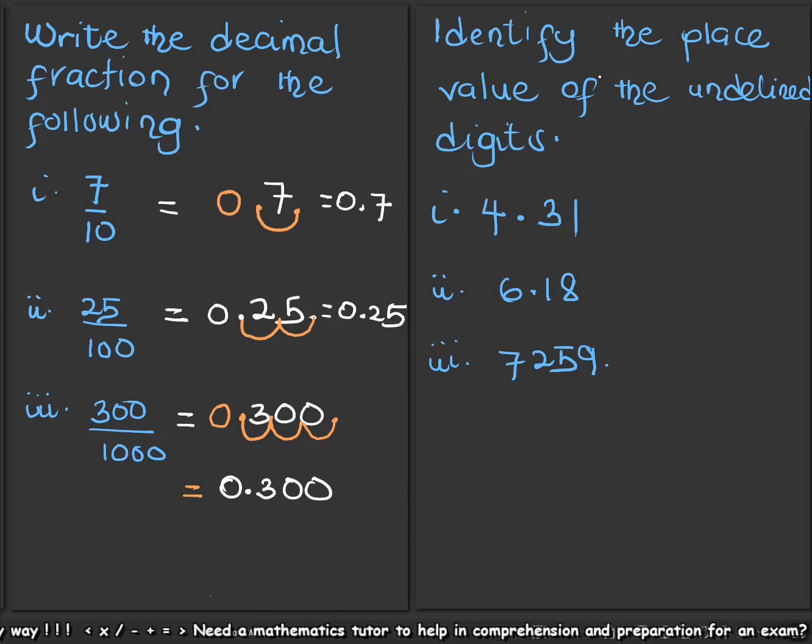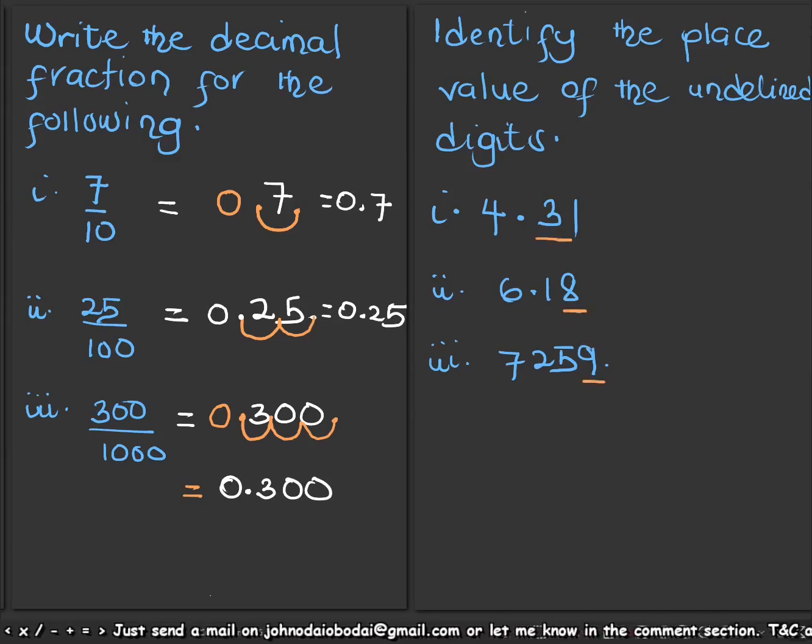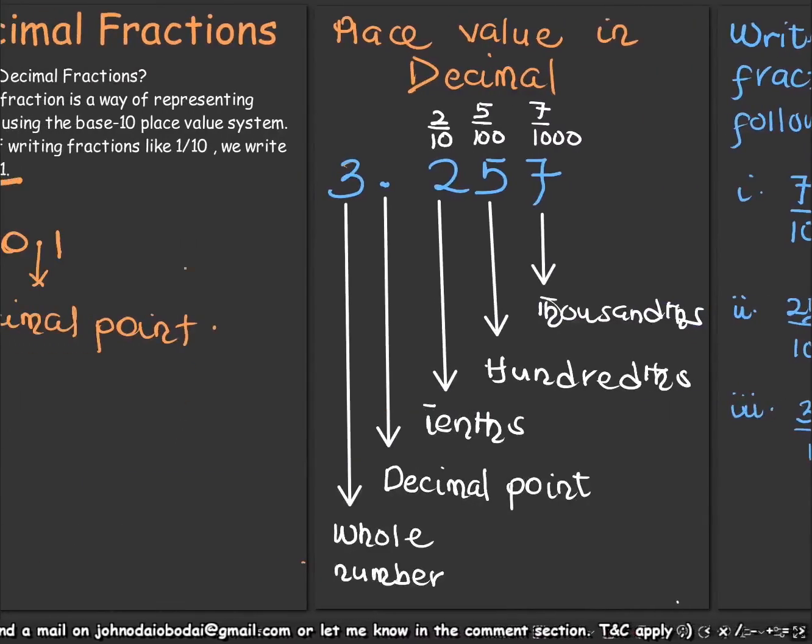Now this second question says we have to identify the place value of the underlined digits. If you remember the place value system we just did, we have the whole number followed by the decimal point, then you have your tenths, then the hundredths, then the thousandths. So it's the normal place value system, but there are no ones.